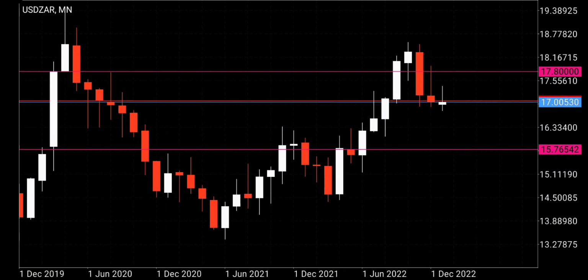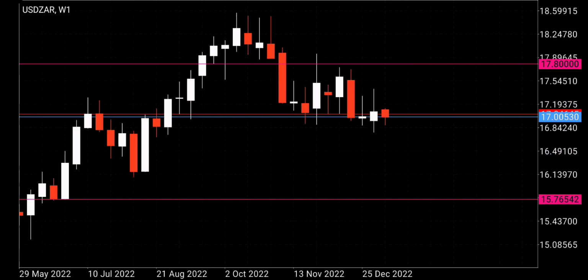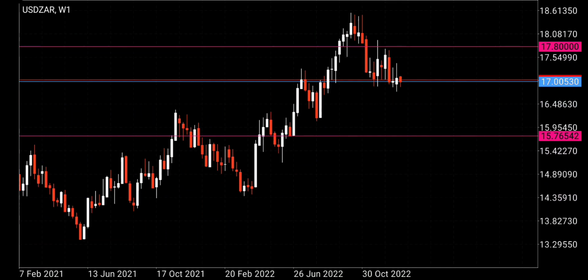So let's just carry on with the analysis of this USDZAR. Let's do the weekly chart and see what we got. On the weekly chart, yes, we've been moving up for a very long time, but all of that is changing now.